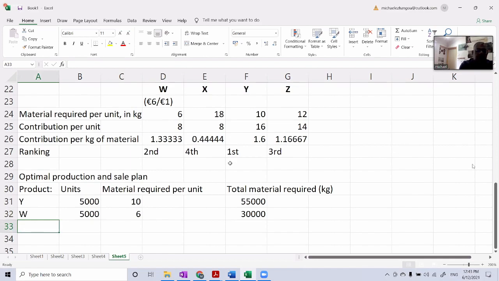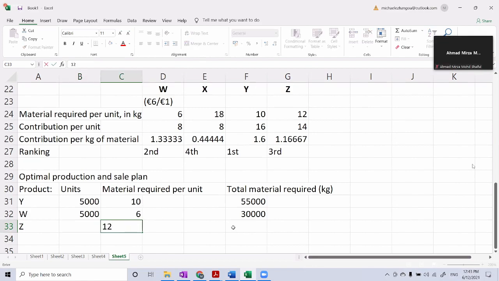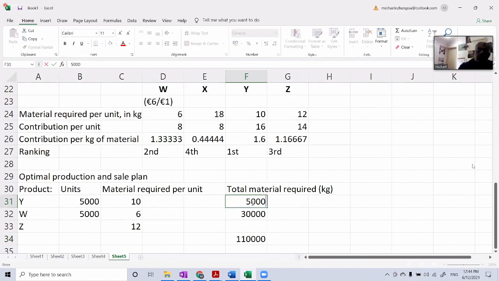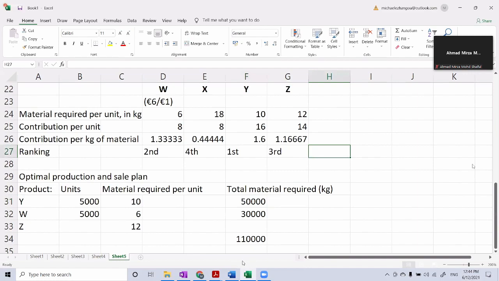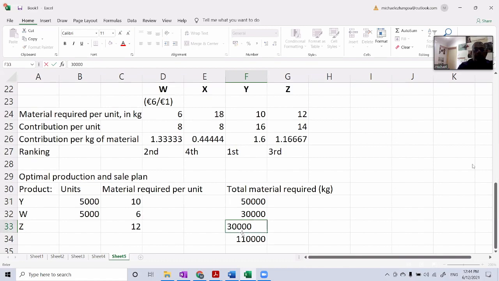Third is Z, Z is 12. The total is 110,000, so here we can only allocate 30,000. I cannot make 5,000 units.